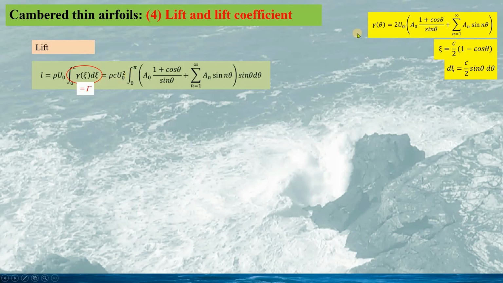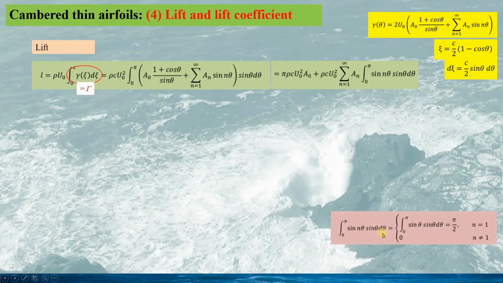If we substitute the vorticity expression and the coordinate transformation, we have the expression as this. And the first term would be very similar to the case for the symmetric airfoil. We have the result as this, and the second term would be this.